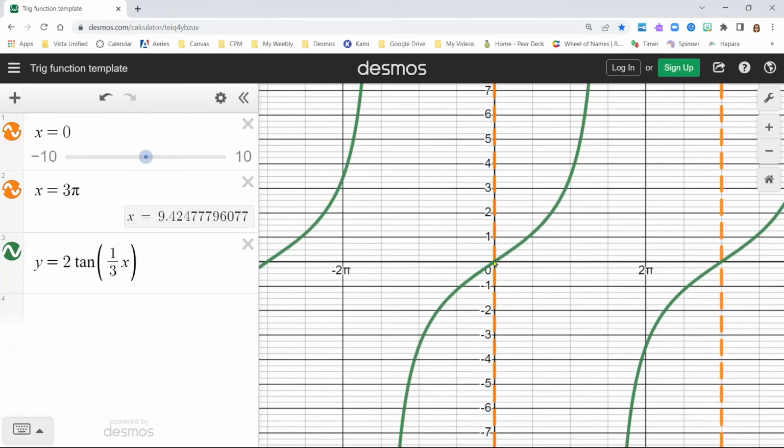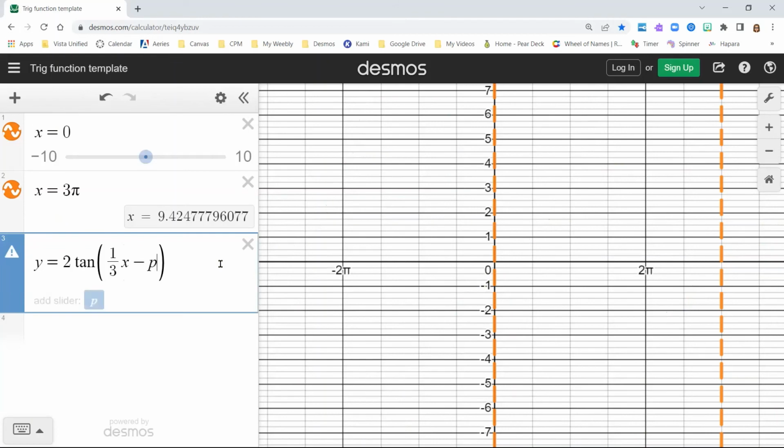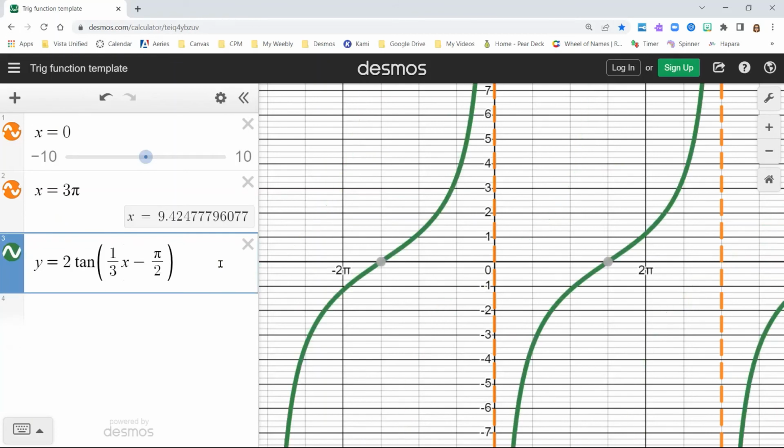I need to shift it to the right pi halves. So I'm going to go minus pi halves, and you see that shifted it. Now this is where my 1/3 is in my parentheses.